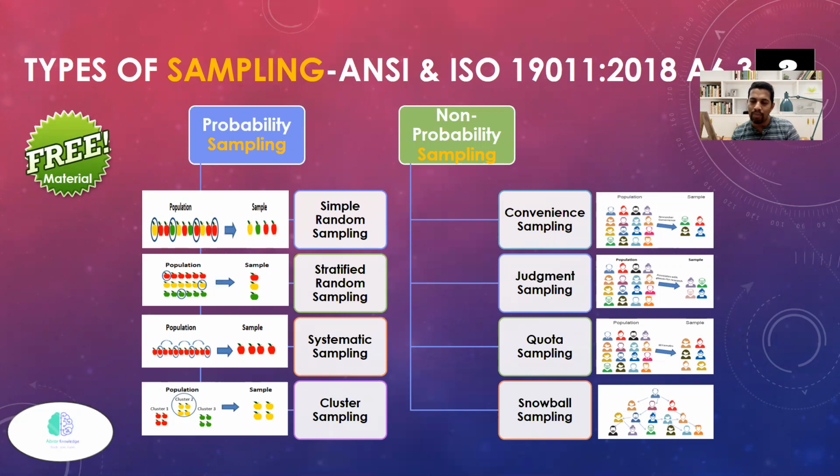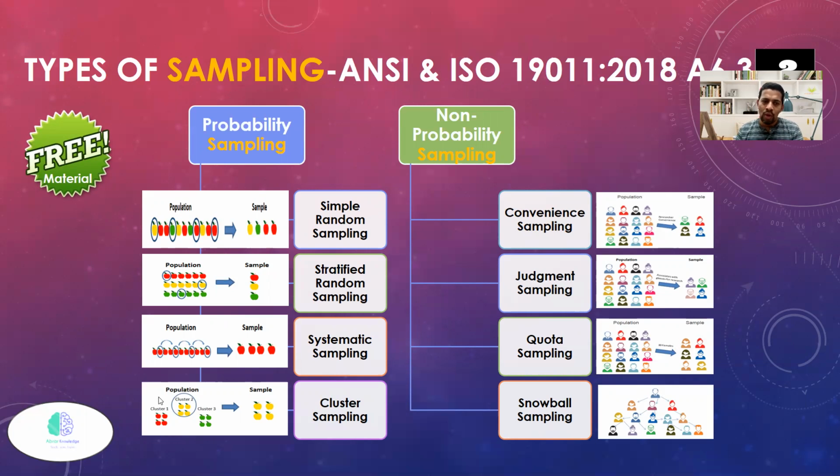A.6.1 talks about sampling, A.6.2 talks about judgment sampling, and A.6.3 talks about statistical sampling. Even sampling is referred to in the ISO standard as well.